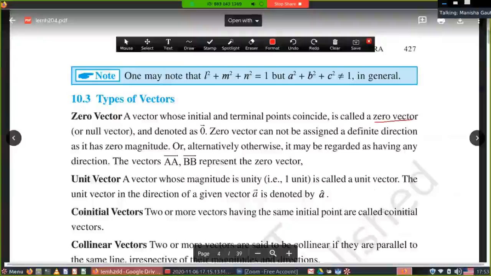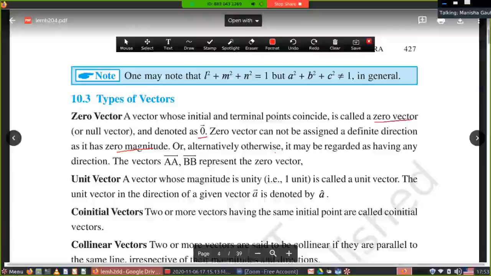We can say its magnitude is zero and it is denoted by zero with an arrow. A zero vector cannot be assigned a definite direction as it has zero magnitude, or alternatively it may be regarded as having any direction. So the zero vector has zero magnitude and its direction is not assigned.